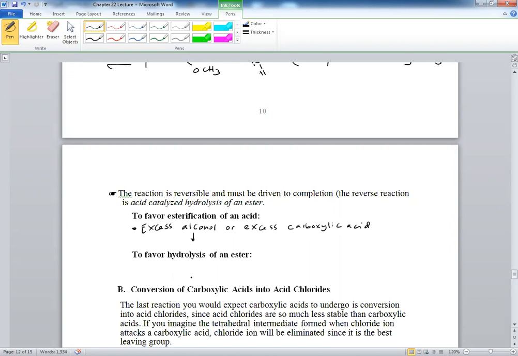And you know what? For an alcohol, this is a really, really easy thing to do. All you have to do is you use it as a solvent. You've done labs where you just add the solvent. Now, of course, to favor the hydrolysis, you have to use an excess amount of water.